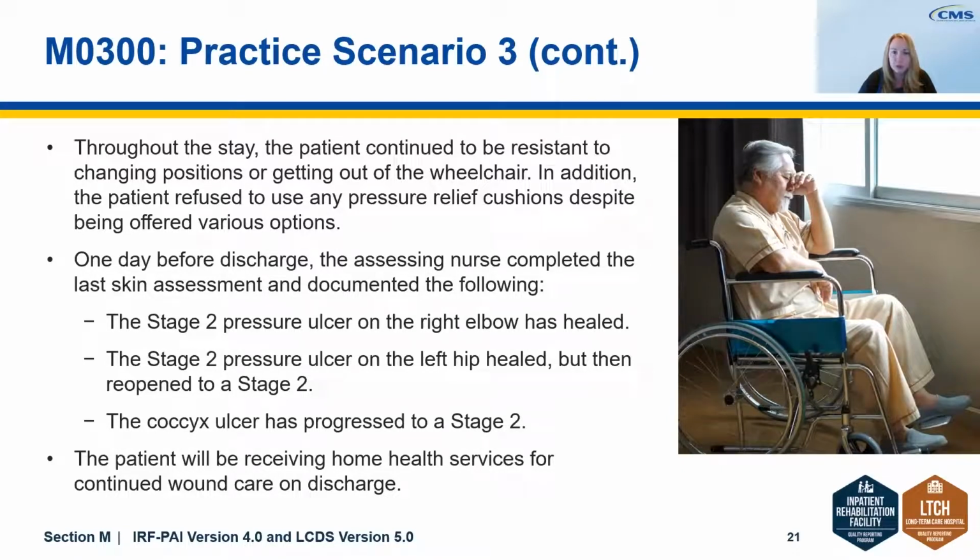The stage 2 pressure ulcer on the right elbow has healed. The stage 2 pressure ulcer on the left hip healed, but then reopened to a stage 2, and the coccyx ulcer has progressed to a stage 2. The patient will be receiving home health services for continued wound care on discharge.